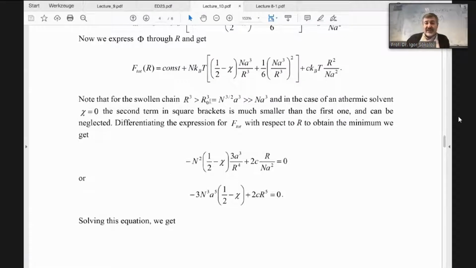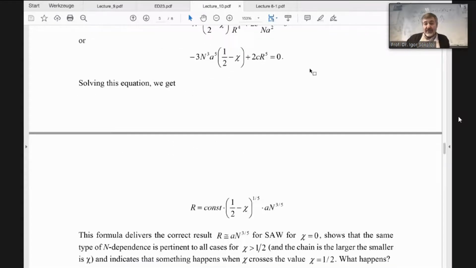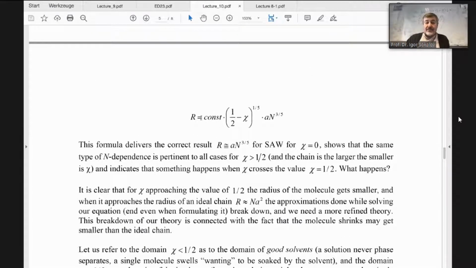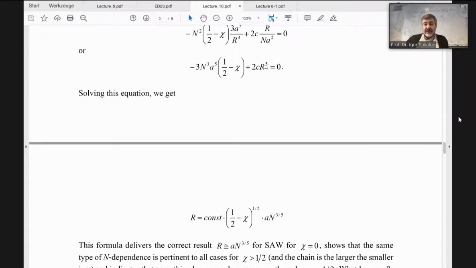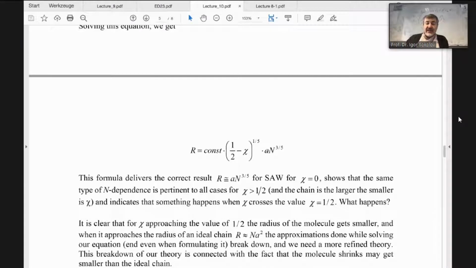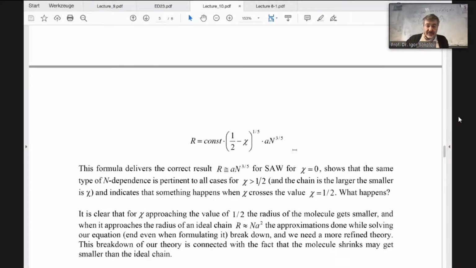It doesn't matter, but essentially I do not know the correct prefactor here. So this means that I do not have this prefactor, some constant. Then I have this 1/2 minus phi to the power of 1/5, because it was r to the power of 5. And then I have n to the power of 3/5.